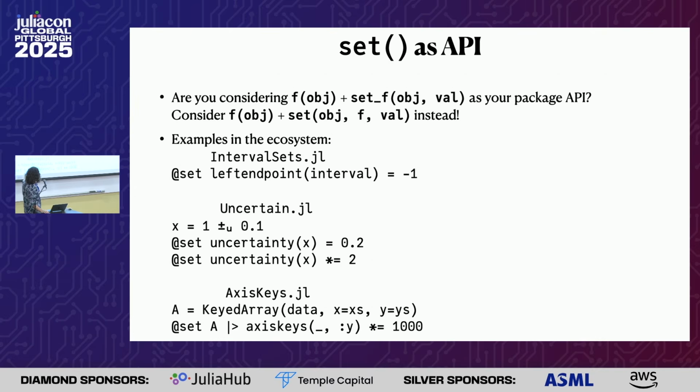In AxisKeys, you have your regular keyed array. You want to modify axis keys for some axis and return the resulting new array. That's how you get it. So I would say it just makes sense as the API for a package if you consider having these two functions for immutable structs. Just replace the set f with the accessor set function.